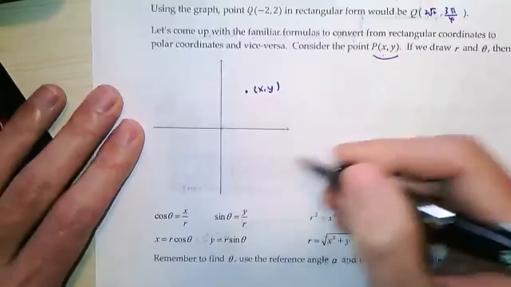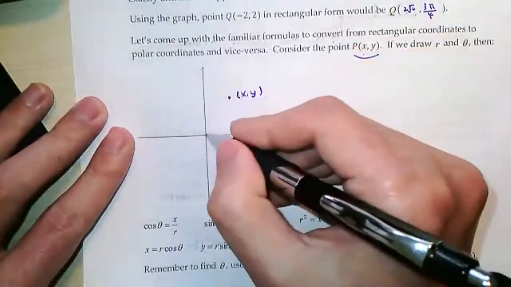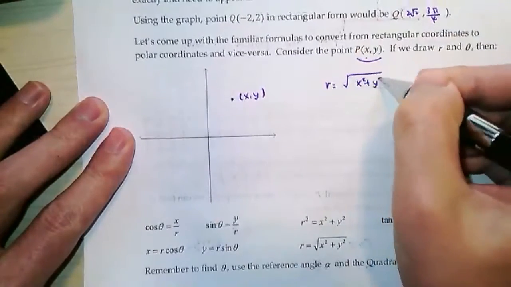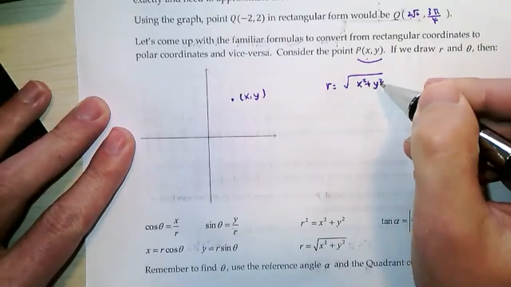So the distance, and this is the easiest one, between this point and the origin is square root of x squared plus y squared, right?